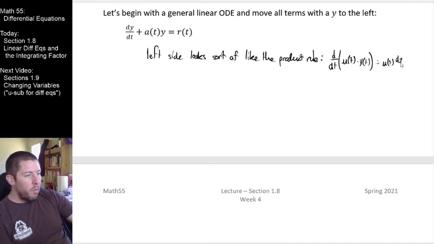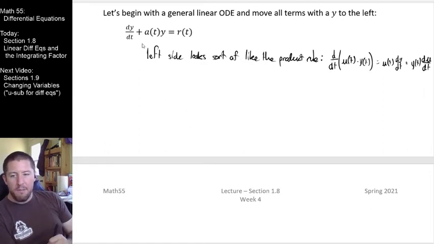We'll get the derivative of y with respect to t, plus we'll leave y alone, and we'll get the derivative of mu with respect to t right there, right? There's our product rule. Our goal is to say, you know what, this looks close enough to this that I think I can force it to match up the rest of the way. So what we're missing in this, though, is it seems like we need a mu of t, right? So this is missing, right?